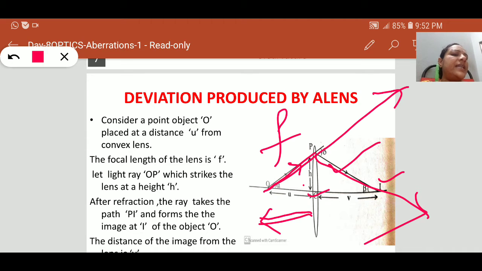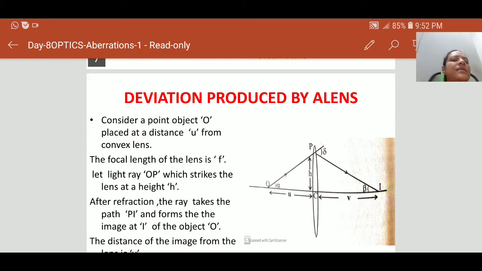This is known as the deviation, denoted by delta. By seeing this, you can see that the incident ray makes angle alpha with the principal axis of the lens, and similarly the refracted ray makes angle beta.